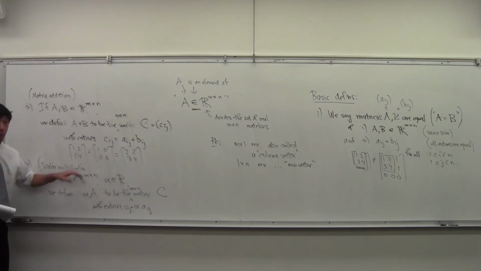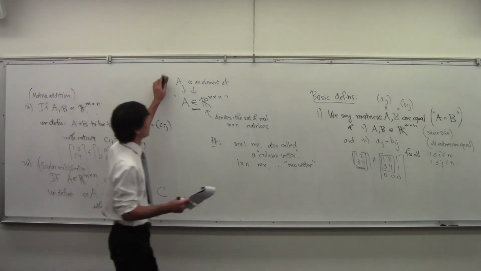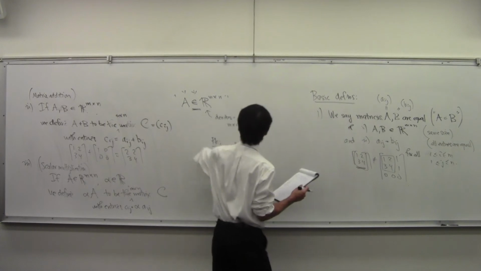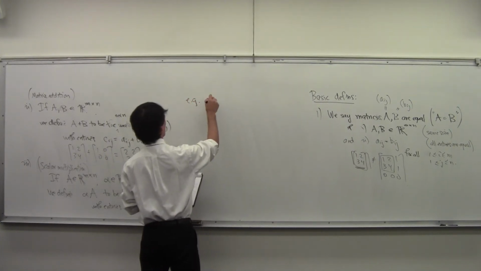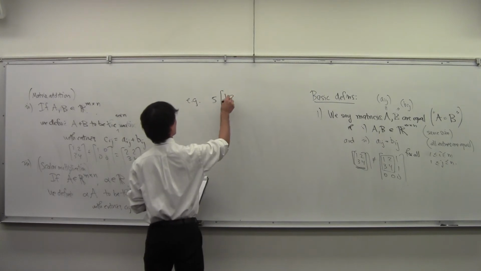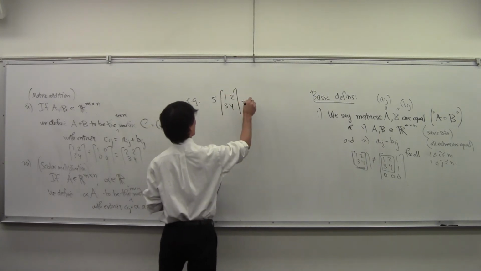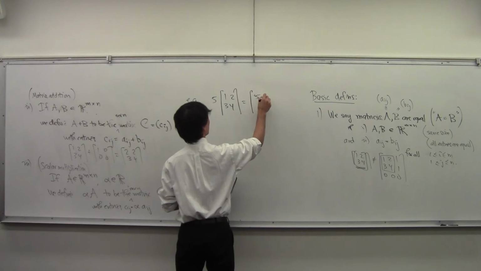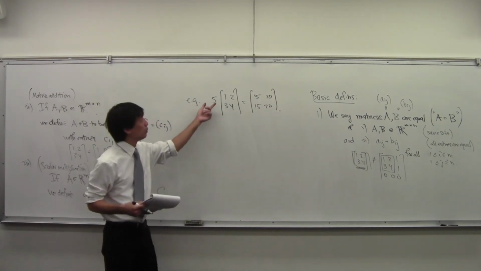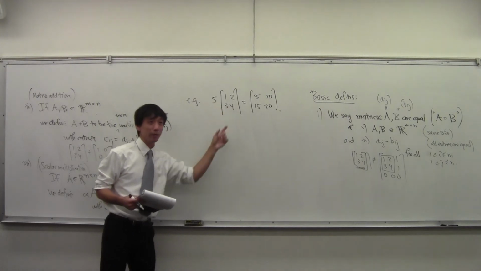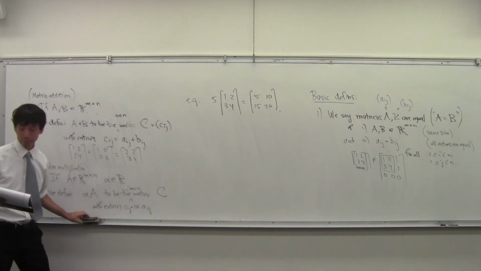So just multiply every entry by the number. If I have 5 times 1, 2, 3, 4, that's just going to be 5, 10, 15, 20. So multiplying a matrix by a number, you just multiply every entry by that number.